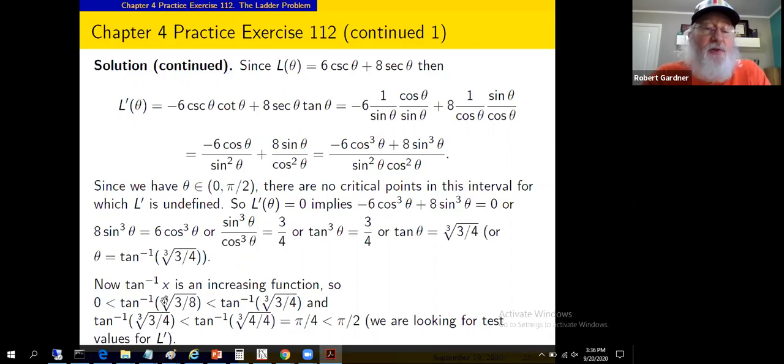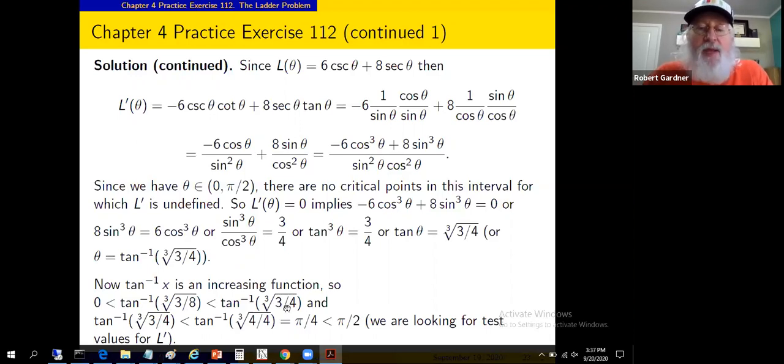And the tangent inverse of the cube root of 3/8 is less than the tangent inverse of the cube root of 3/4. You've got the background to believe that. A reasonable question is what the hell am I up to with this? I'm looking for test values that we're going to need in a table because I don't have endpoints. So the absence of endpoints is putting us through this.